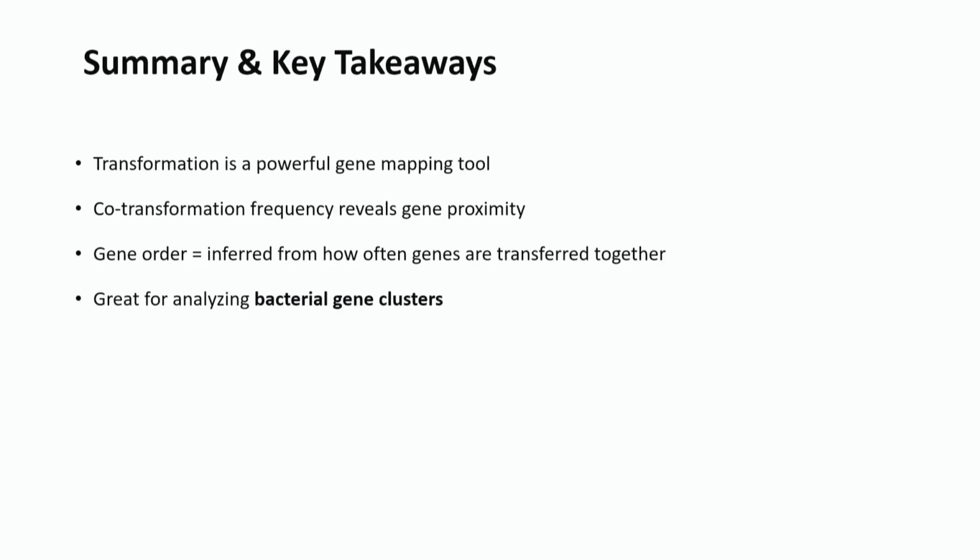To summarize, transformation is a powerful gene mapping tool. Co-transformation frequency reveals gene proximity. Gene order is inferred from how often genes are transferred together, and it is very good for analyzing bacterial gene clusters. Cluster means where the genes are close to each other.